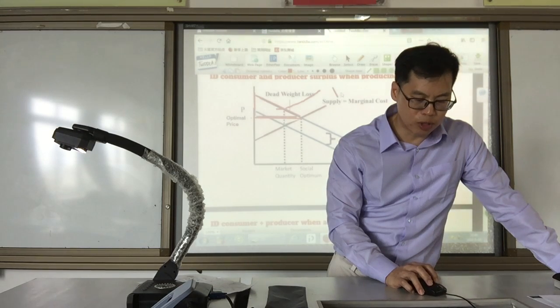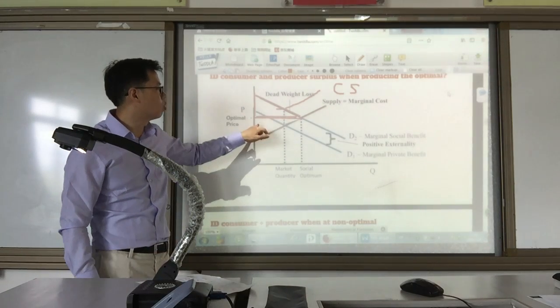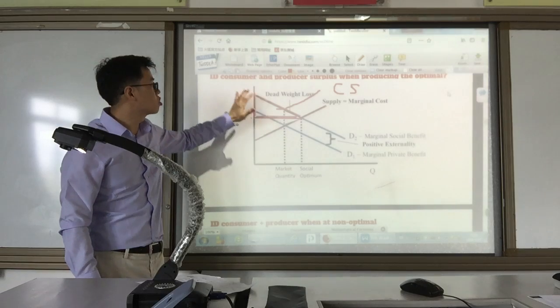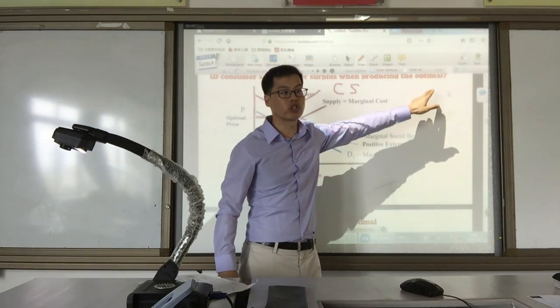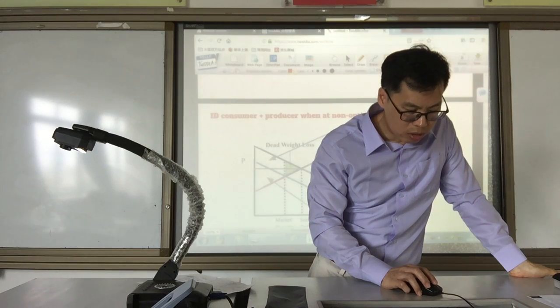It's called consumer surplus, CS. And the bottom one, I don't have to write it in. That's producer surplus. This is when you're at optimal production. Moving on.